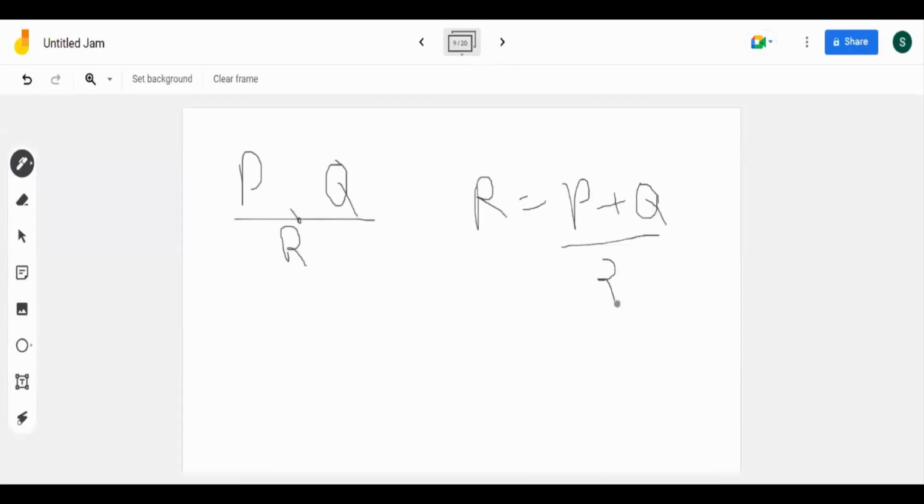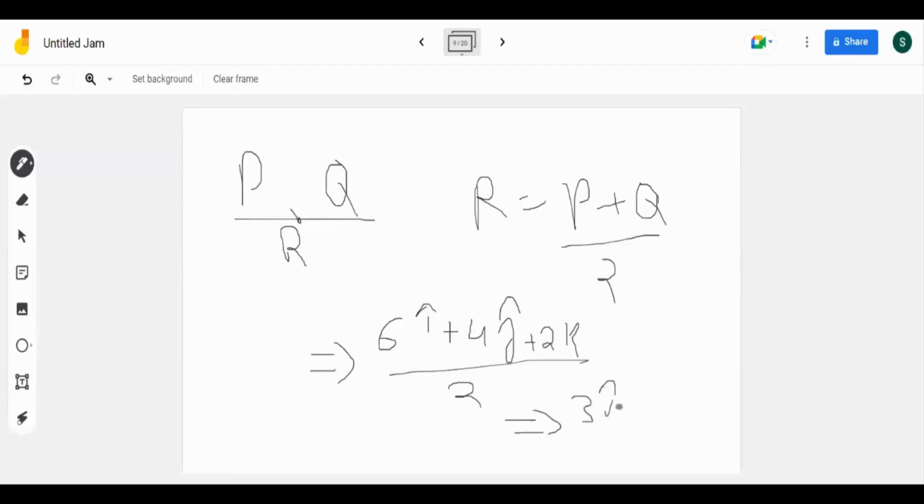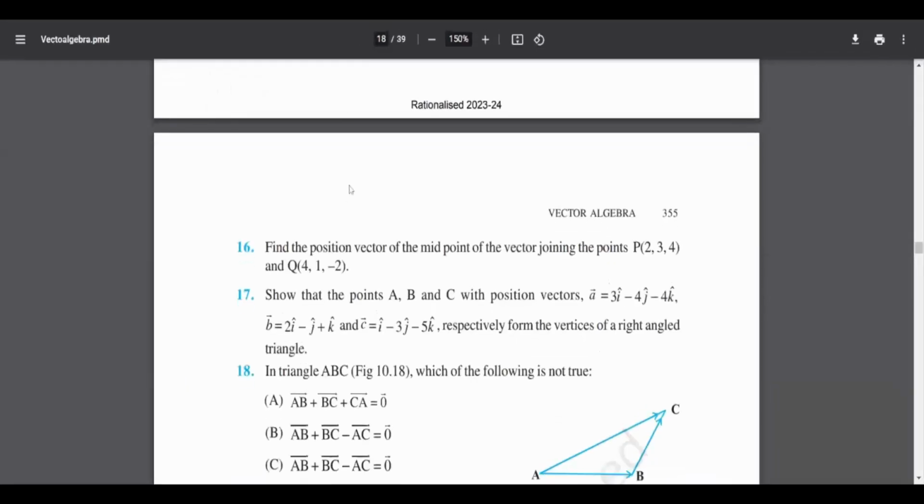In question number 16, P plus Q is nothing but 6i plus 4j plus 2k, divided by 2. This gives me 3i plus 2j plus k. So this is our answer, the midpoint. Let us move on to question number 17.